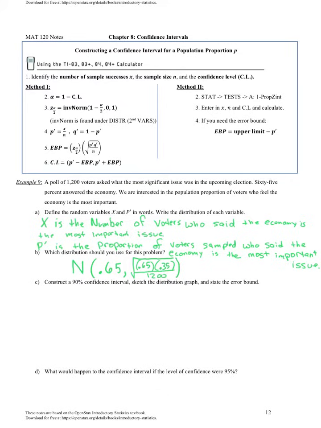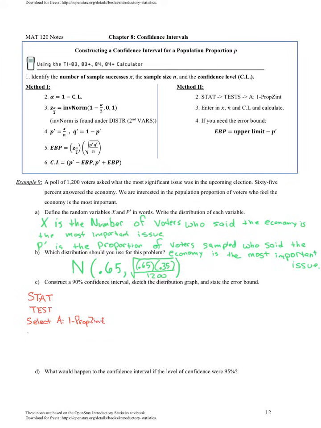So just as a quick review, we'll go to Stat if we're using the TI-84, and then we'll go to Test. We're going to select letter A, which is the 1 proportion z interval.